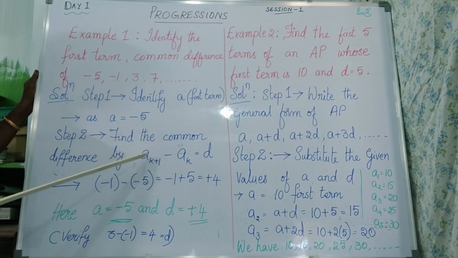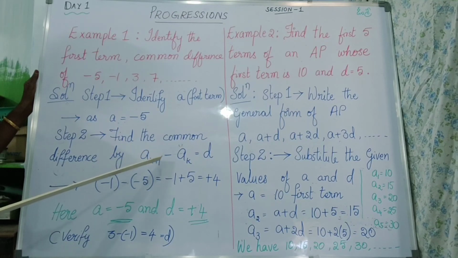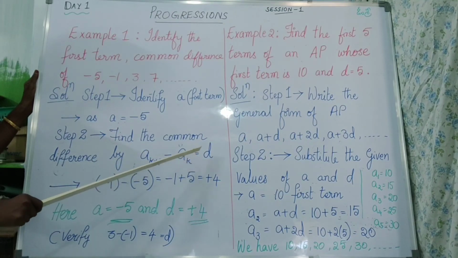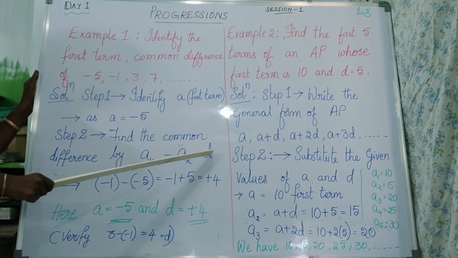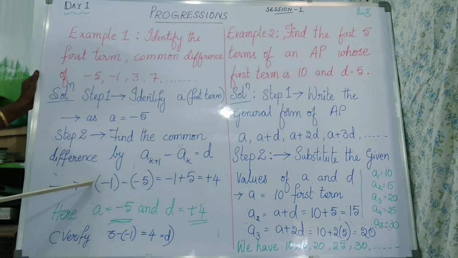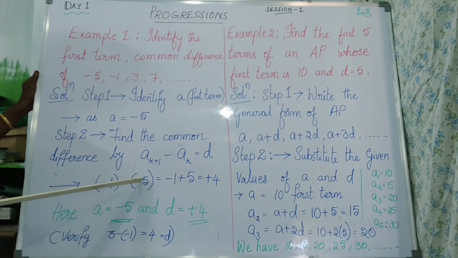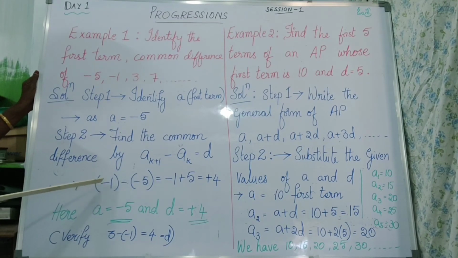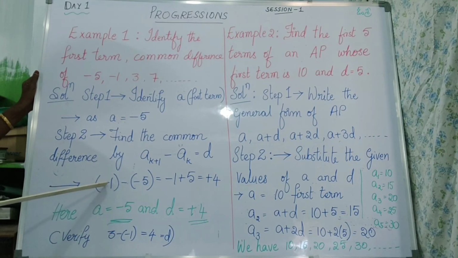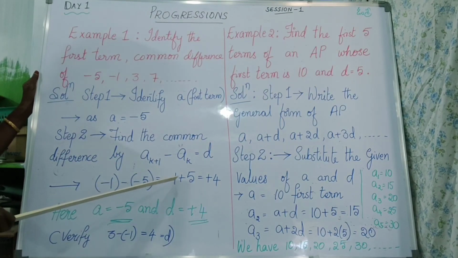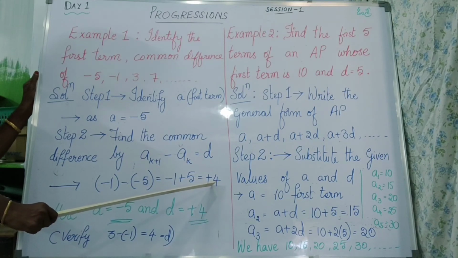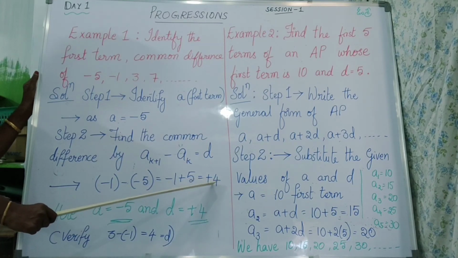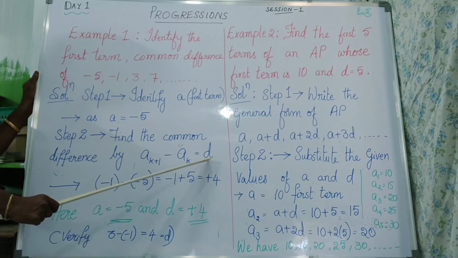The formula is a(k+1) minus a(k), which gives us small d, the common difference. So we have to subtract -5 from -1. How do you read this? -1 minus of -5, which is equal to -1 plus 5, which is equal to +4. So this +4 is nothing but d.